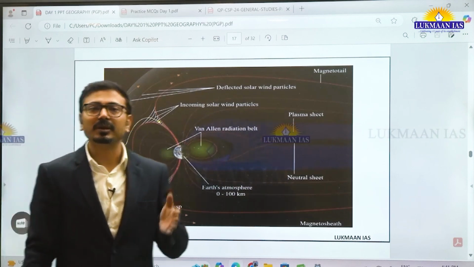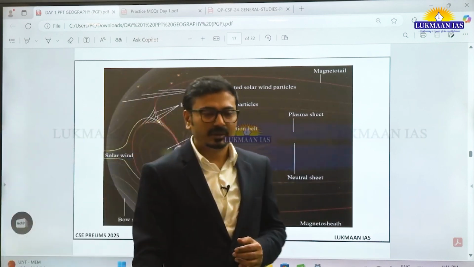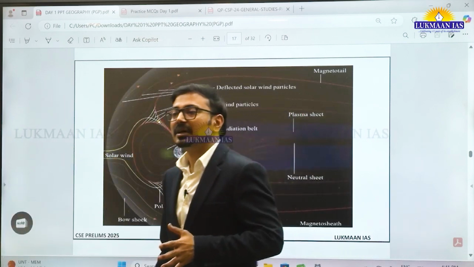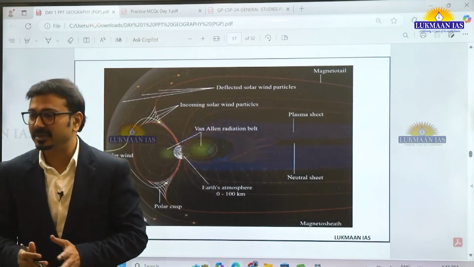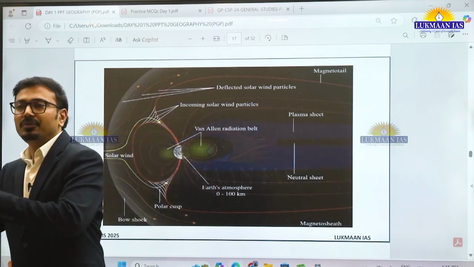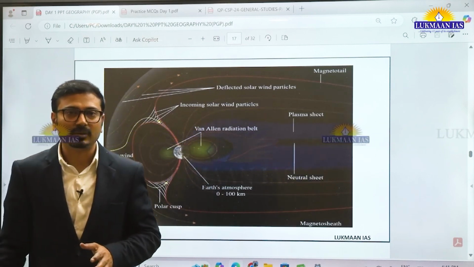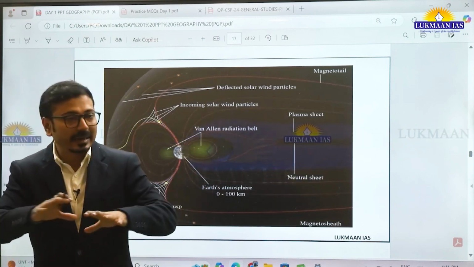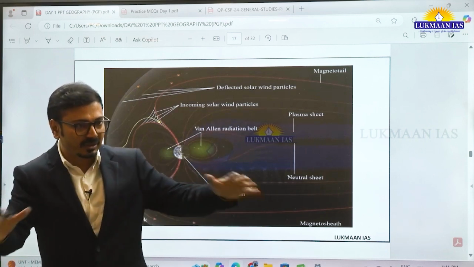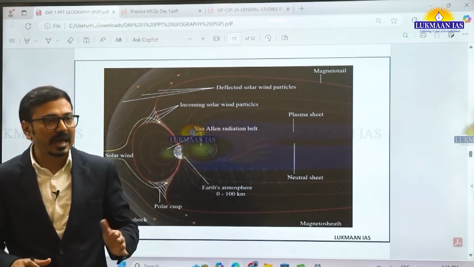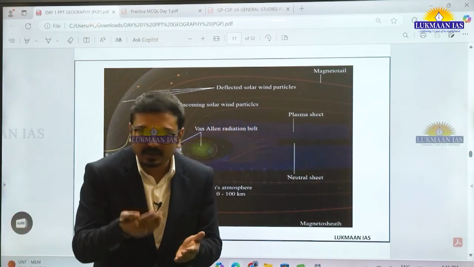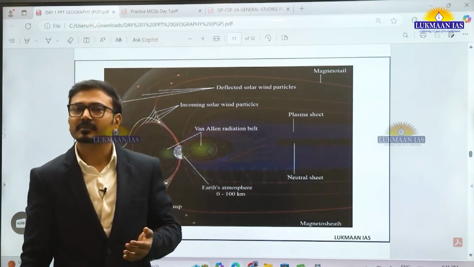Second is coronal mass ejections. Now, coronal mass ejections are related to charged plasma particles that are emitted from the corona of sun surface. Corona is basically the high temperature region on the surface of sun. Okay. And that corona is having excessively high temperature than the interior of the sun.